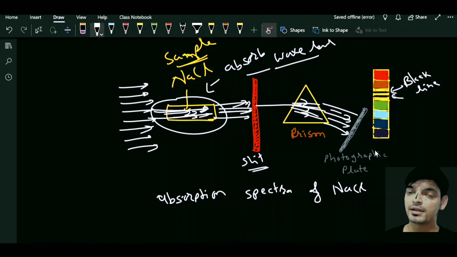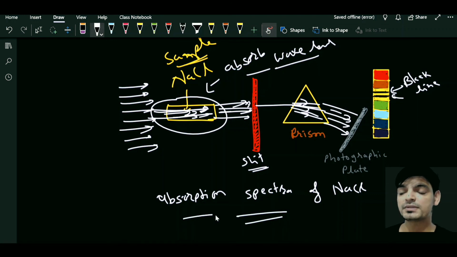Other colors you will get, but that color will not be shown on the photographic plate, and then it is known as an absorption spectra. And this absorption spectra is totally opposite of the emission spectra.